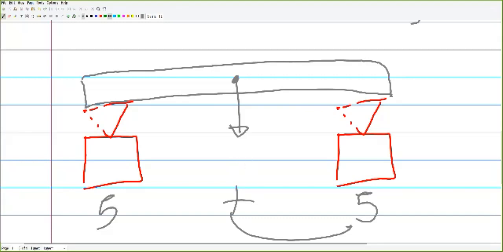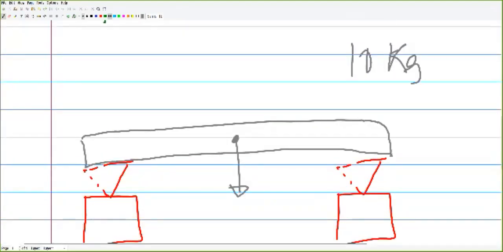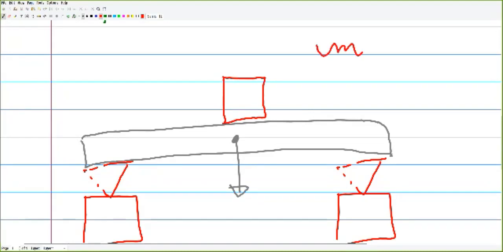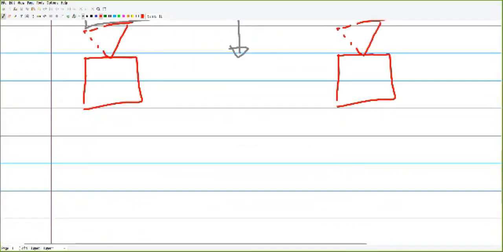That gives 10, okay. But in this case, it's way less. And if there were a mass right in the middle, here it would be half of the mass, and here half of the mass, okay?